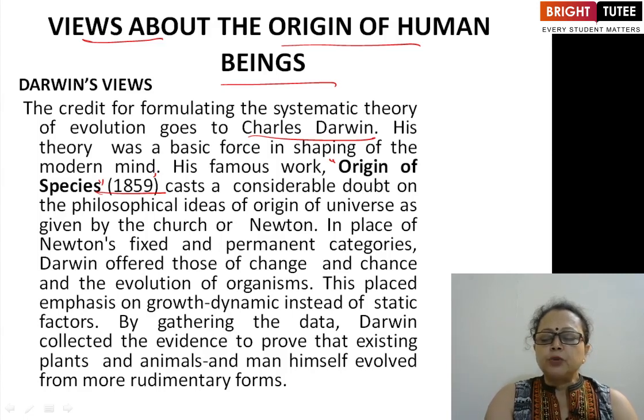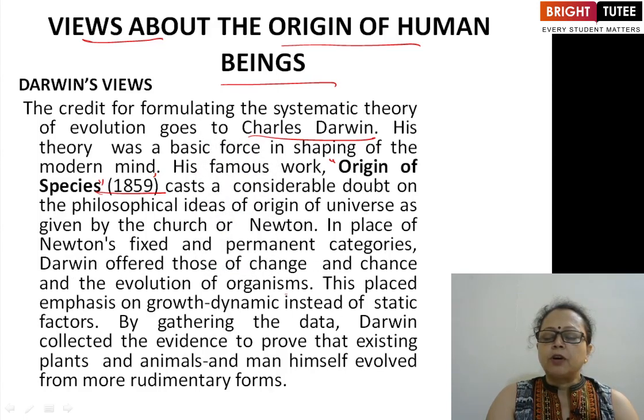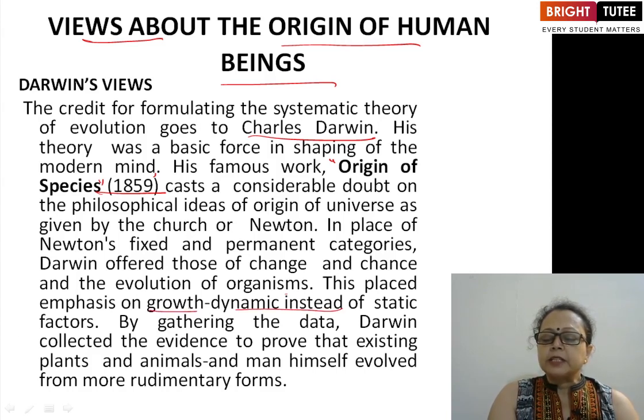In place of Newton's fixed and permanent categories, Darwin offered those of change, chance and the evolution of organisms. So everything has been challenged and criticized, and it has been proven by Darwin. This placed emphasis on growth, dynamic instead of static factors.